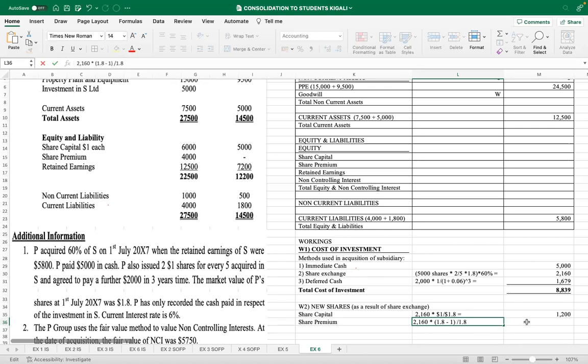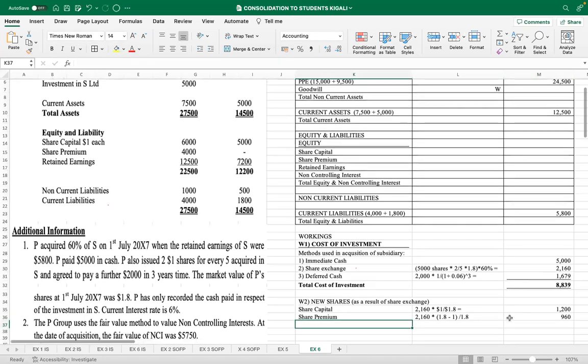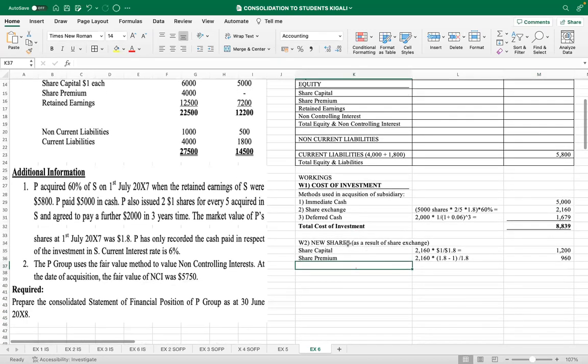What is above the nominal price is what goes to the share premium. So you take the same amount times 1.8 minus 1 divided by 1.8. So that gives you 960. So those are the new shares. So that is our working on new shares.